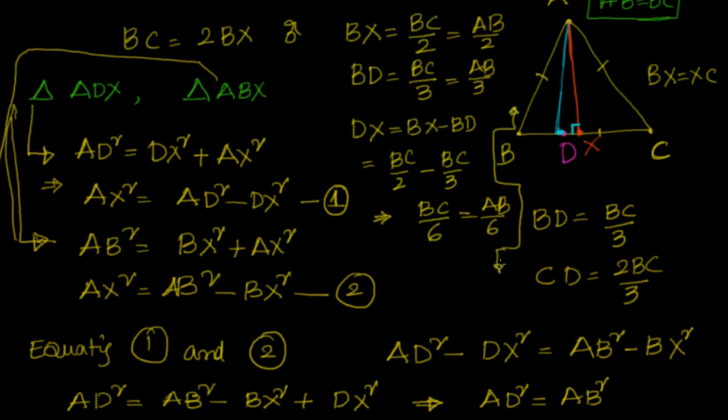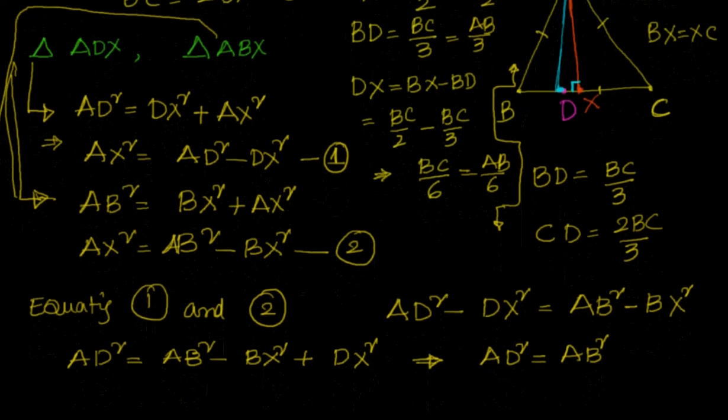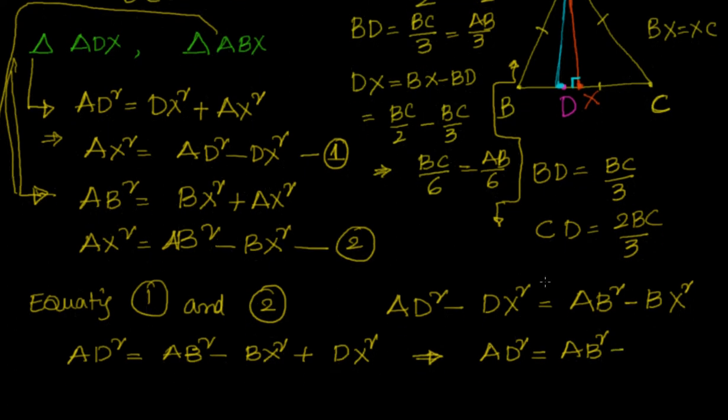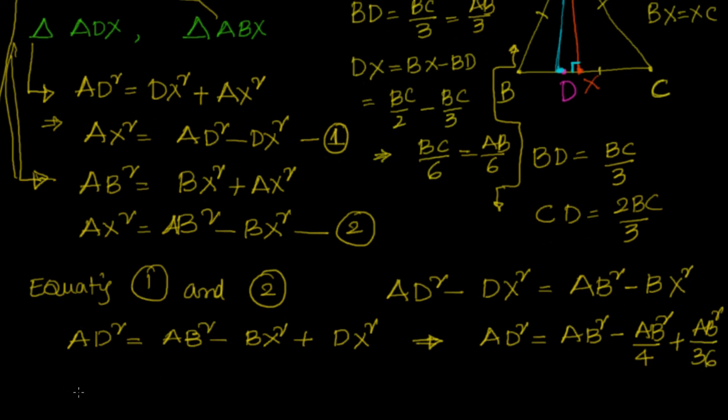Now can I say minus BX square is minus BC by 2 square? So I can say AB square by 4 plus, what is DX? AB by 6. So AB square by 36. Now it's pretty simple, only one step, that is to find the LCM.